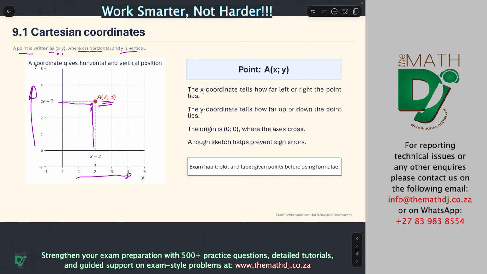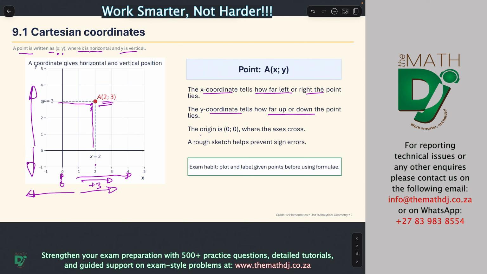The x coordinate tells how far left or right the point lies. If it's on the positive side, in this case plus 3, it is 3 points from the center 0 here, right? Then the y coordinate tells how far up or down the point lies.